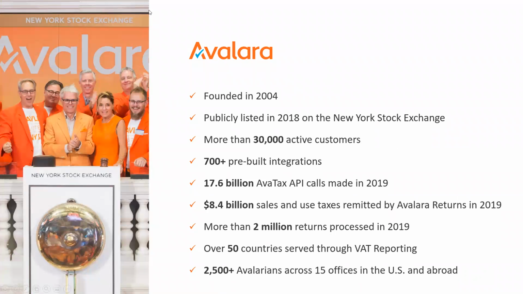For those of you that are not familiar with Avalara, this isn't a slide to brag about us. It's just to show you that we've been around for a while and we're handling tax automation for a number of companies. We've been around over a decade, and we work with over 30,000 active customers. It's actually a lot more than that.